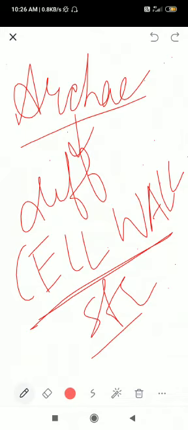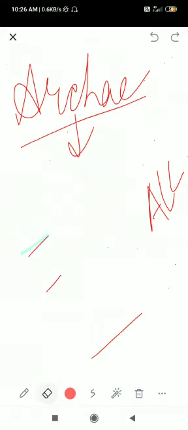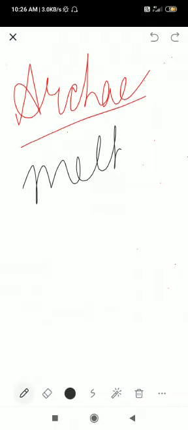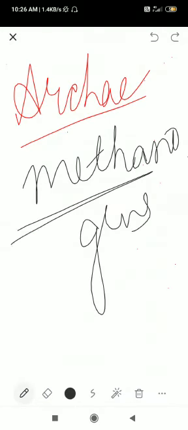Okay, next we have methanogens. Archaebacteria has another group called methanogens. As the name signifies, methanogens means methane-generating bacteria.